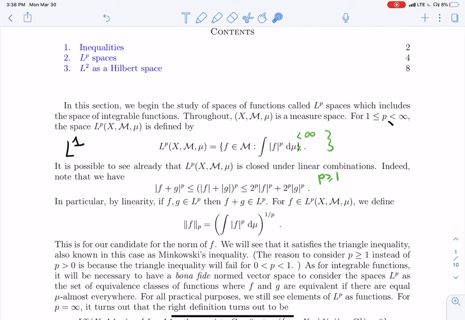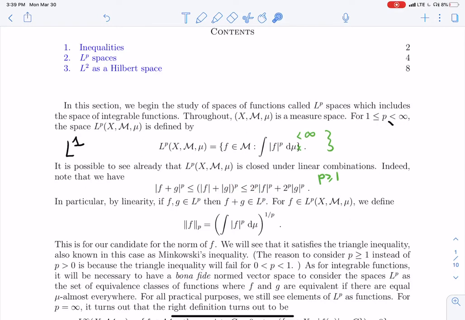Why? If I take a linear combination of f and g in LP, then you obviously have an inequality like this, just by using the absolute value and then the pth power. If you think about it, this is an application of Jensen's inequality we saw last class. Just put the 2 here.